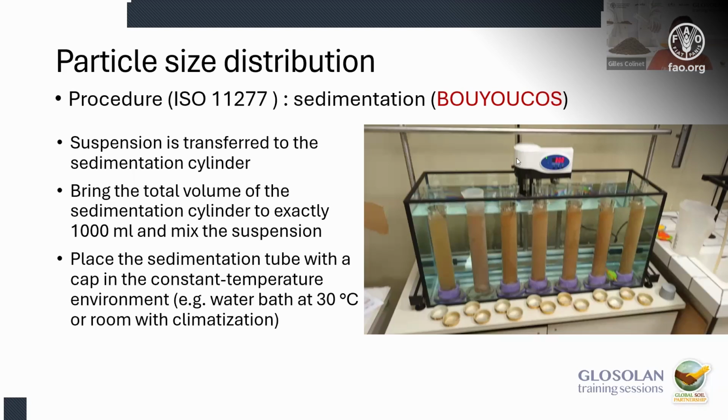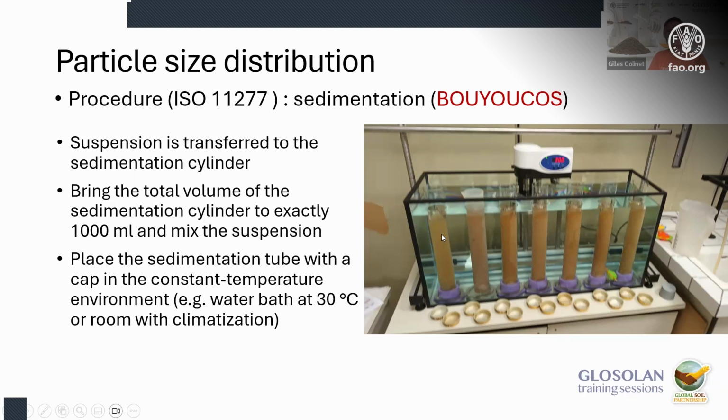For example, if you want to measure the clay content, you must shake the solution at 30 degrees. You wait 6 hours, a little bit more than 6 hours, and you can make sampling at 10 centimeters.